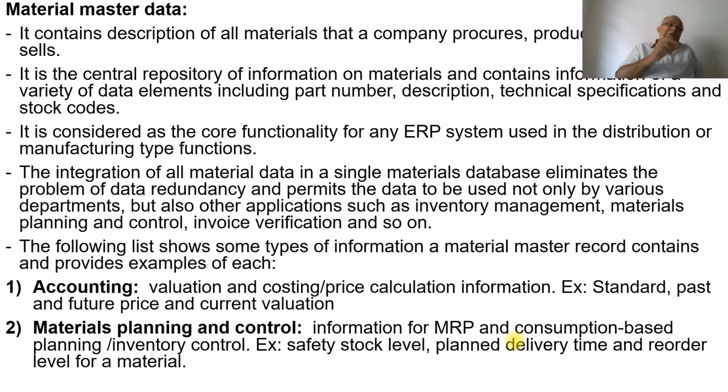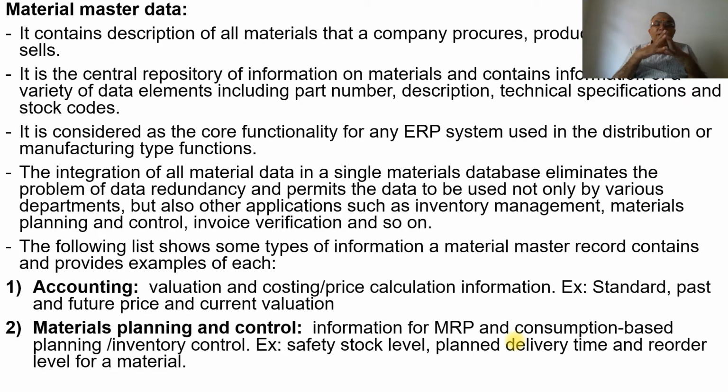Then the description: what is the nature of the part, and what is the name of the part? What are the technical specifications you require? Whether it is a heat treated part, and the basic information about the type of manufacturing. All this information will be given, and the stock, how much stock is available in the stores.